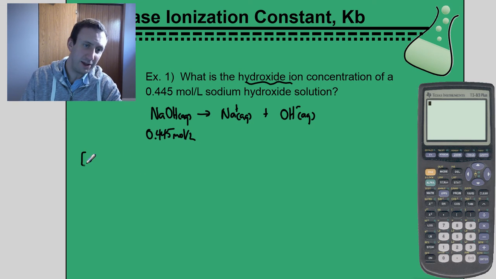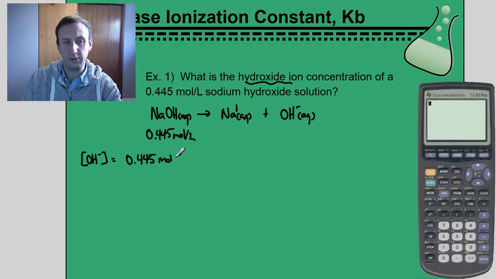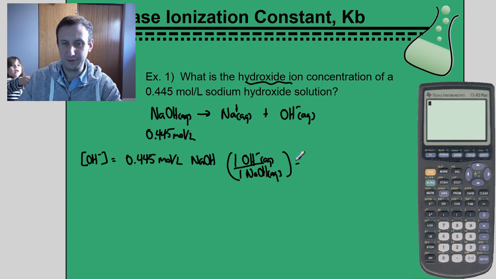All I'm doing is saying, well, hydroxide concentration then is equal to 0.445 moles per liter for NaOH multiplied by 1 hydroxide divided by 1 NaOH aqueous gets me 0.445 moles per liter for the strong base.